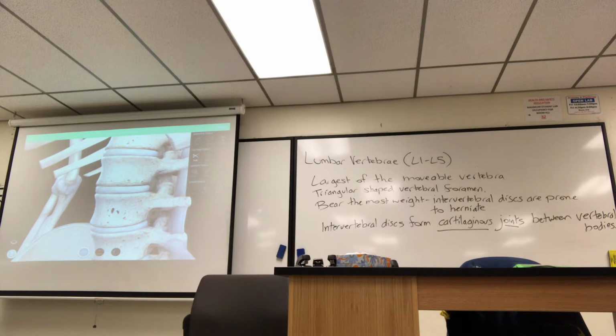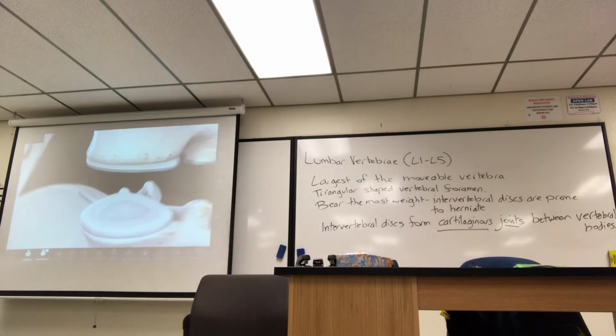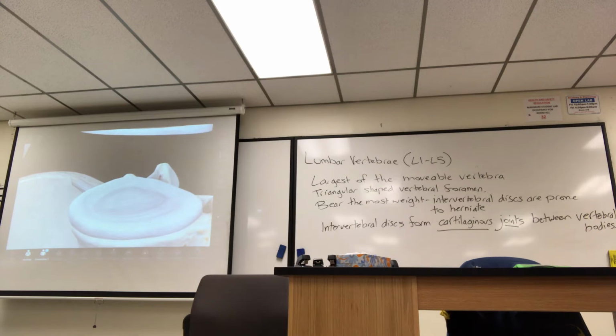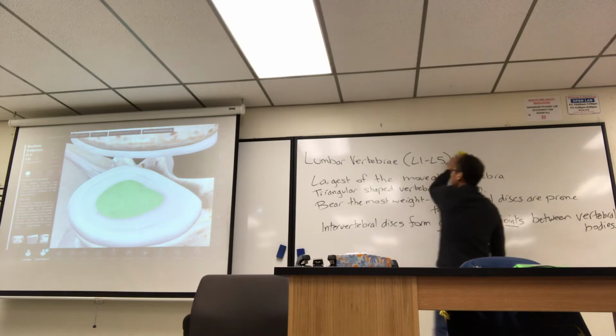Let's go many layers. Okay. So when you cut a disc, this looks like when I've seen it on cadavers. It's a pretty good representation. So in the middle of the disc is the nucleus pulposus.